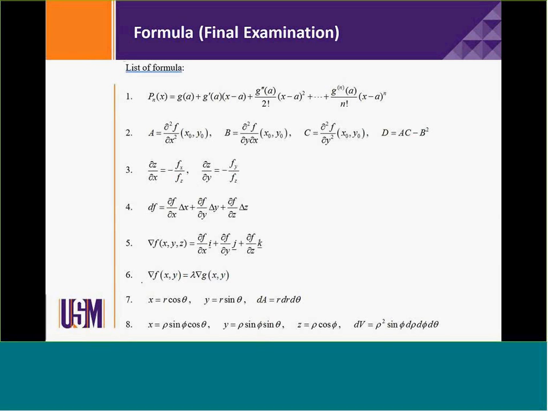This is the Lagrange for the maxima, minima, the side conditions. This is the polar coordinates, and of course cylindrical coordinates will be the same. And this is the spherical coordinates. You may download these formulas from the e-portal. I have uploaded them under the topic webex 6.